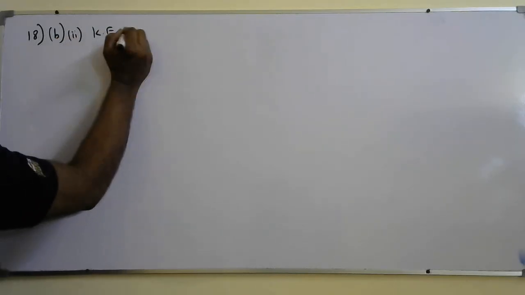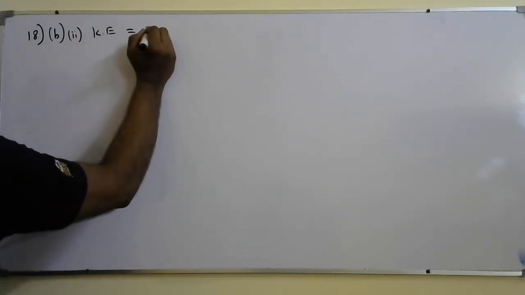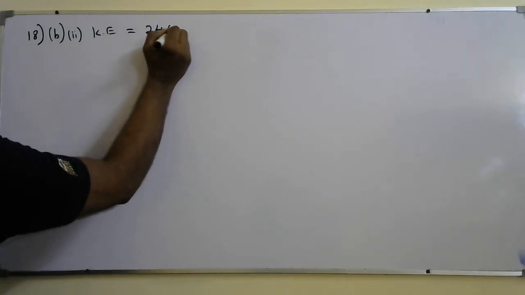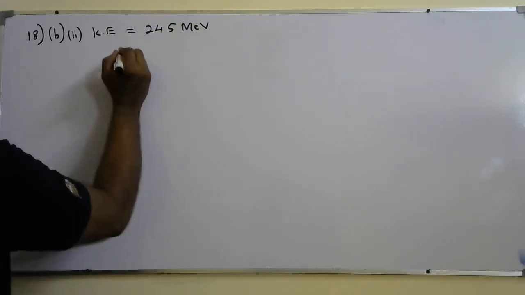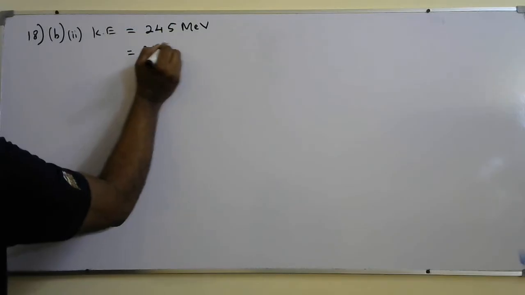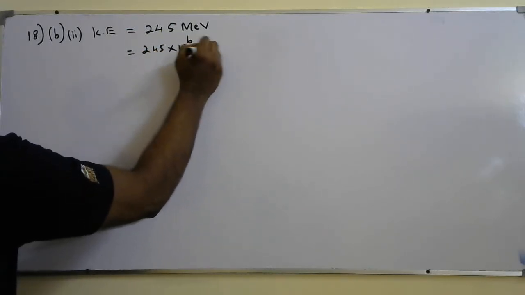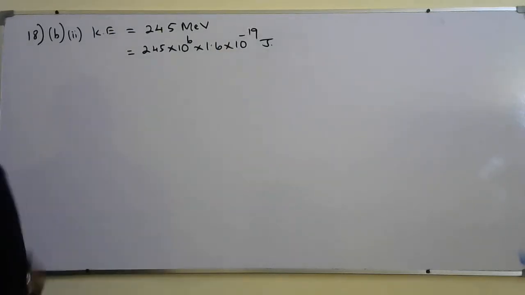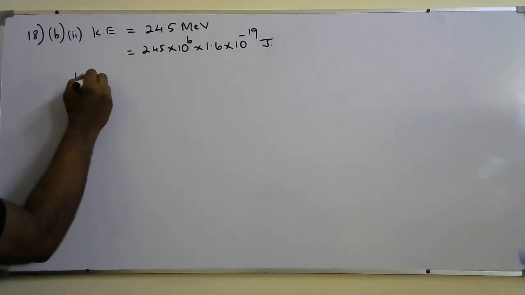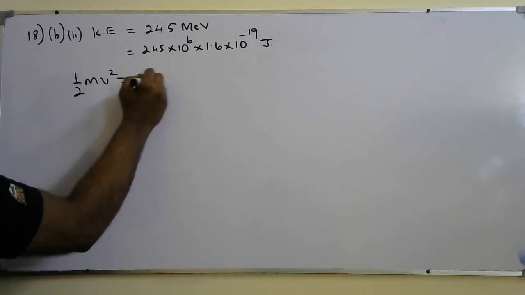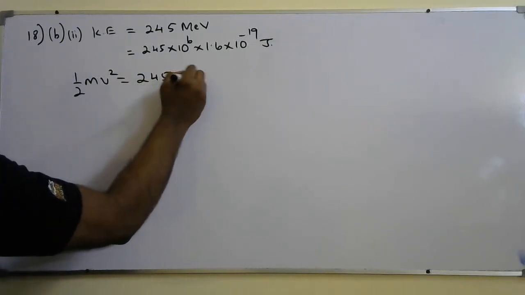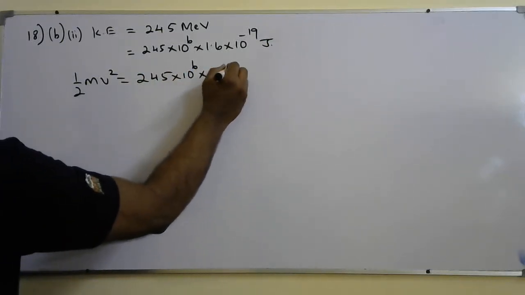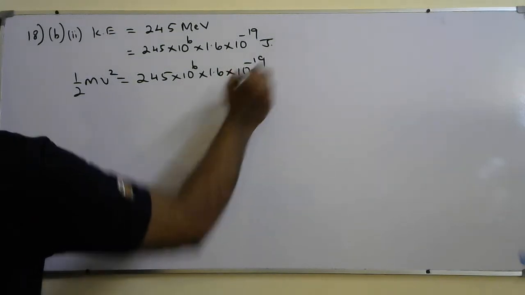Kinetic energy is given as 245 mega electron volt, that is 245 times 10 to the power 6 into 1.6 times 10 to the power minus 19 joule. So kinetic energy means half mv squared equals 245 into 10 to the power 6 into 1.6 times 10 to the power minus 19 joules.